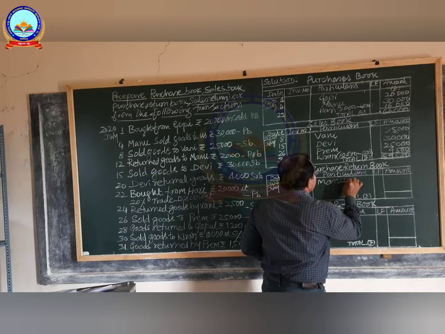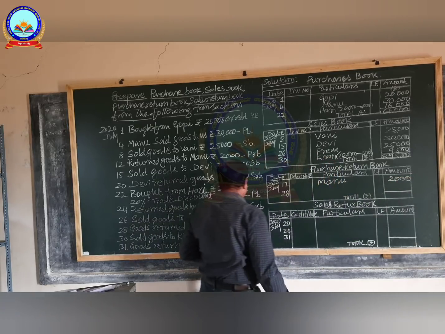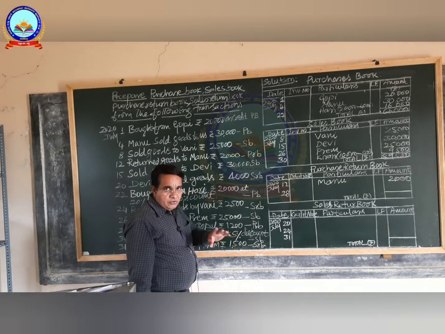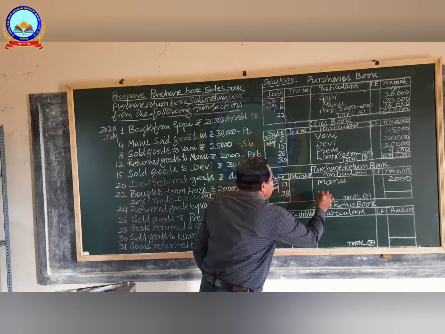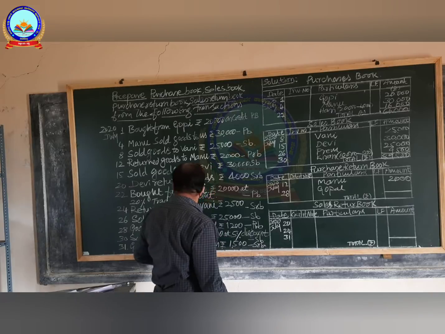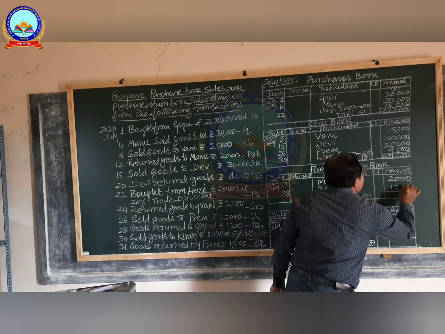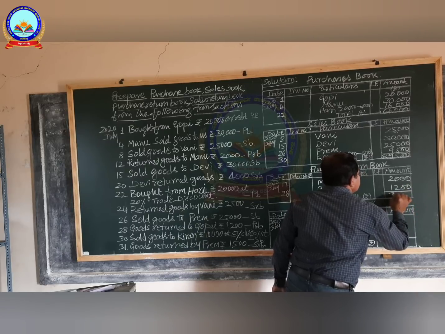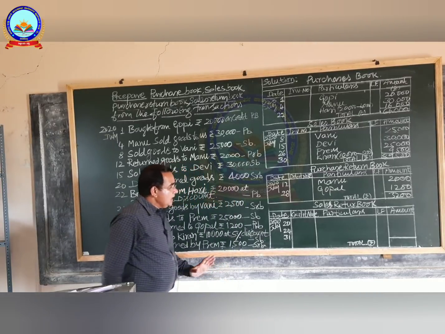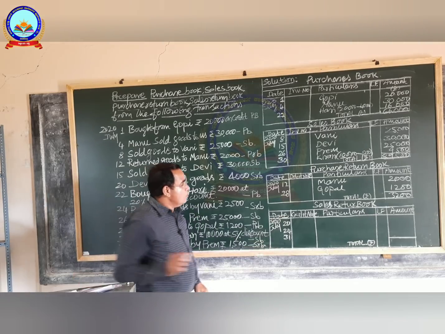Write the supplier name Manu, rupees 2,000. On 28th, goods returned to Gopal. Then date 28, Gopal, the value of goods returned is rupees 1,200. The total comes to rupees 3,200.